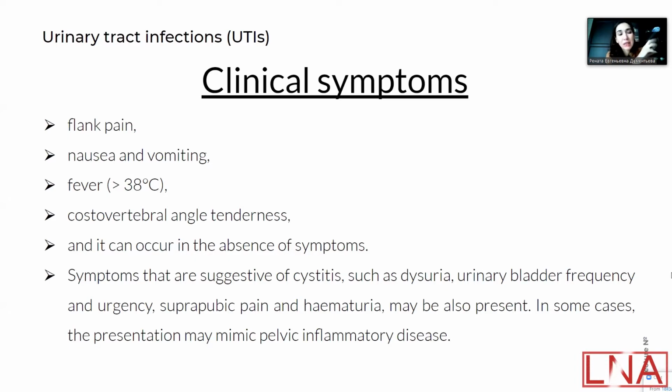There can be symptoms suggestive of cystitis, such as dysuria, urinary bladder frequency and urgency, suprapubic pain, and hematuria, really changing the color of the urine to red, may also be present. In some cases, the presentation may mimic pelvic inflammatory disease, some disturbance inside the pelvic region.